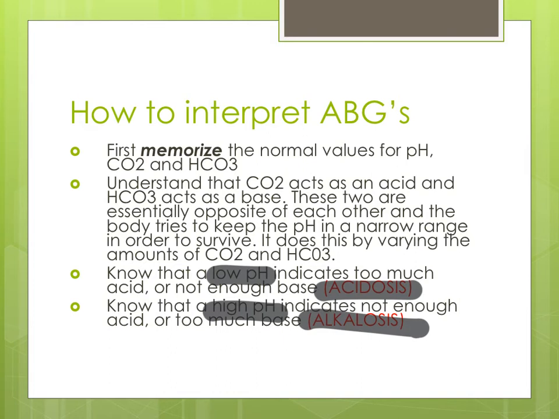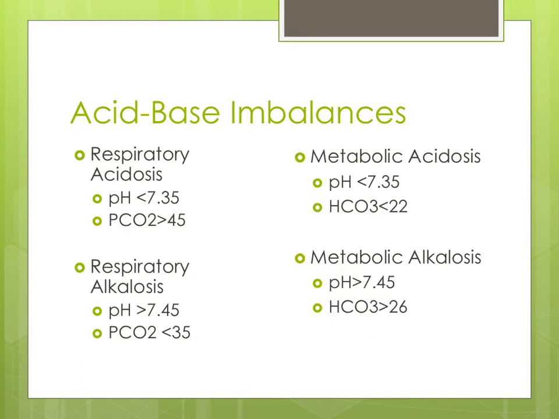Once we determine the primary disturbance, do we have acidosis? Do we have alkalosis? Then we move on to identify the primary issue. Okay, so these are your 4 primary disturbances. So remember that when you have an acidosis, it's less than 7.35.